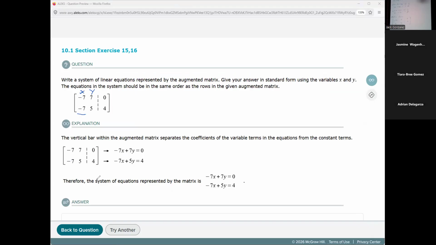So change it into equation form. So they're going to give you a matrix, and they want you to change it back to equations. So negative 7x plus 7y equal to this part. Negative 7x plus 5y equals the 4. So the goal of the beginning of this section is, can you change it from equation form to matrix form? And can you change it back?